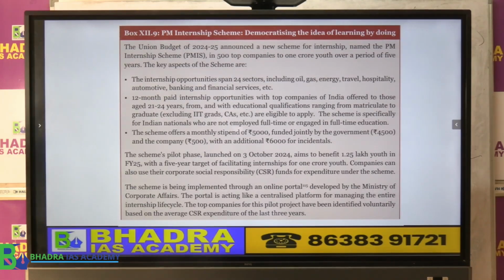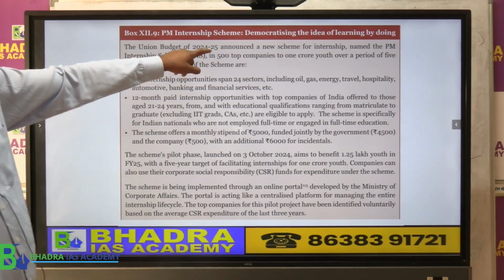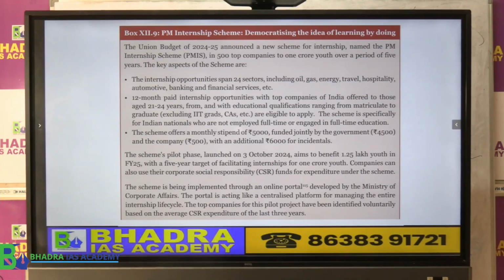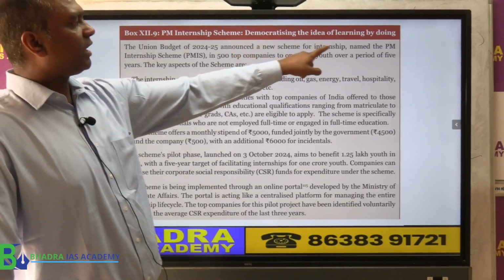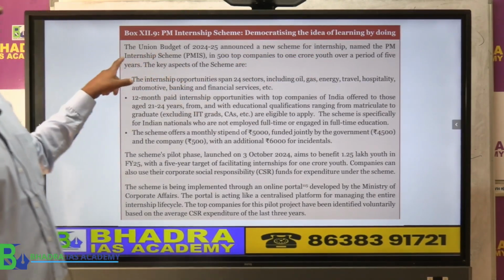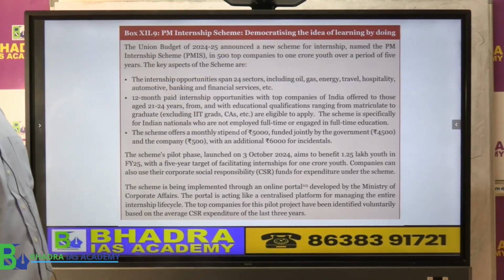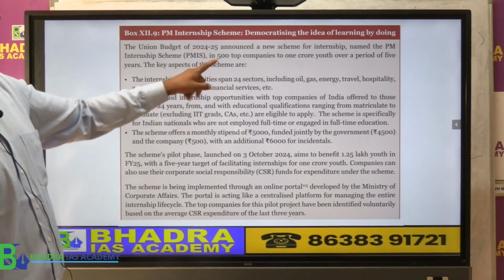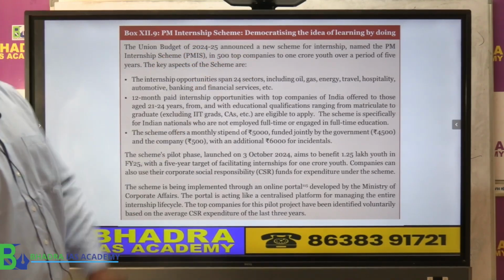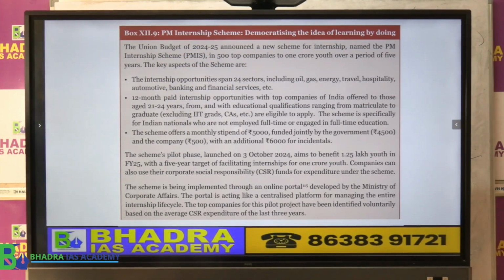Now, the central government very recently, in Budget 24-25, last year, announced a new scheme for internship. It is called the Pradhan Mantri Internship Scheme. They are providing training in 500 top companies to about 1 crore youth over a 5-year period, started from last October.